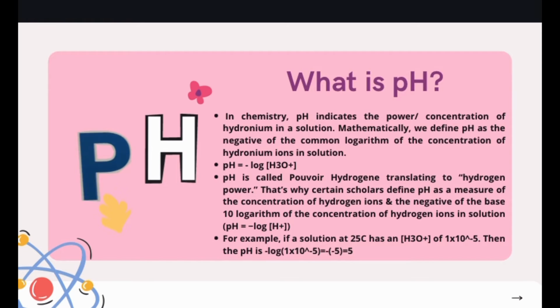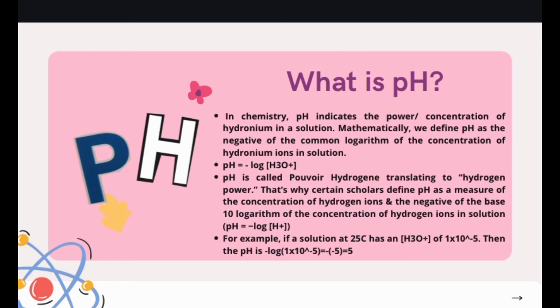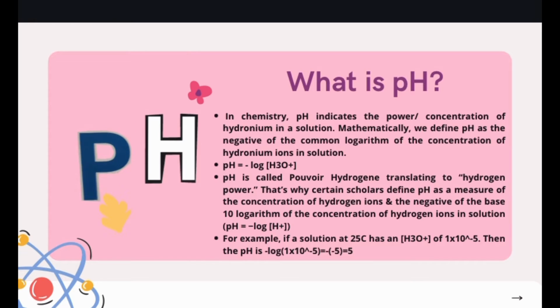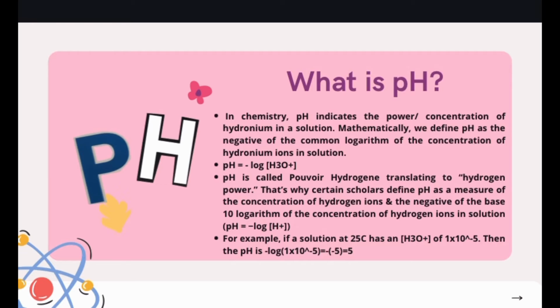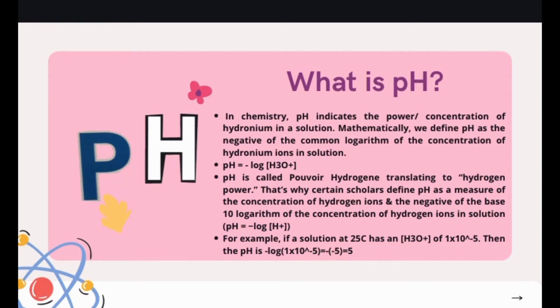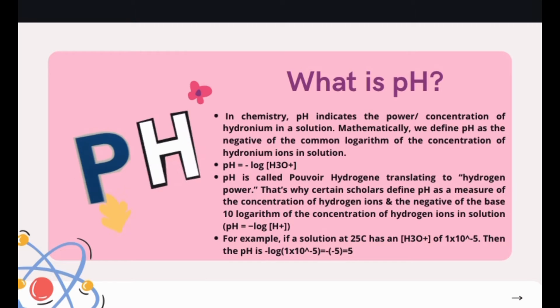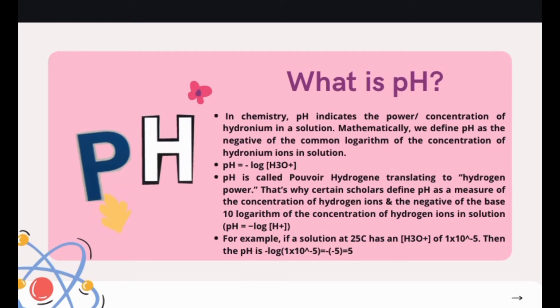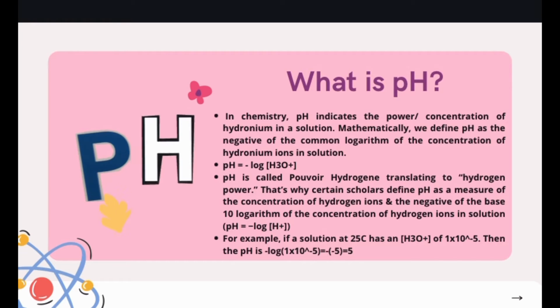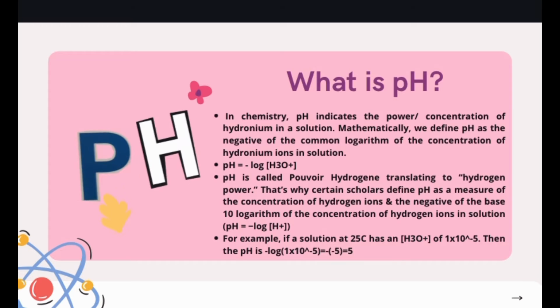So instead of using the old formula and the old meaning, they would use hydrogen instead of hydronium. For example, if we have a solution at 25 degrees Celsius and its concentration of hydronium is 1 × 10 to the power of -5, then the pH is the negative log of it. So we'll get 5 in the end.